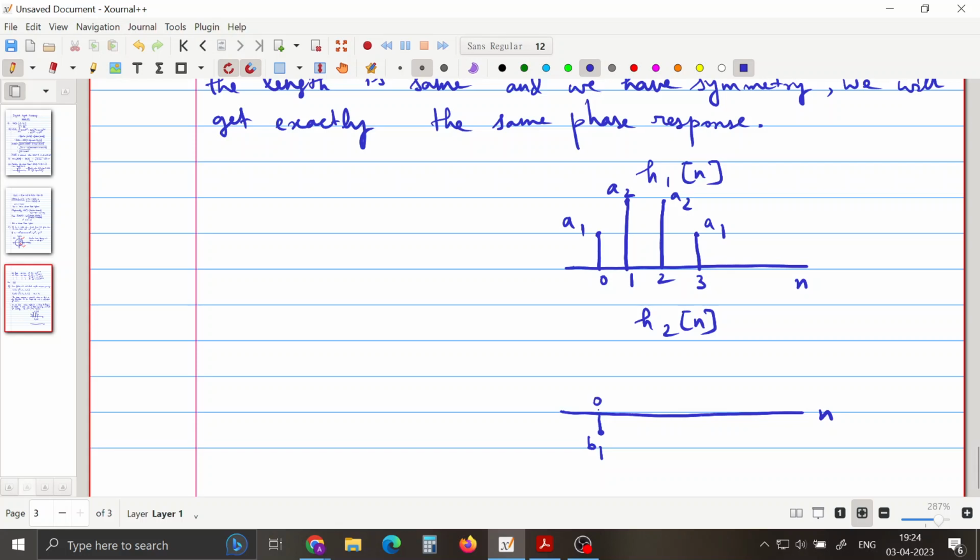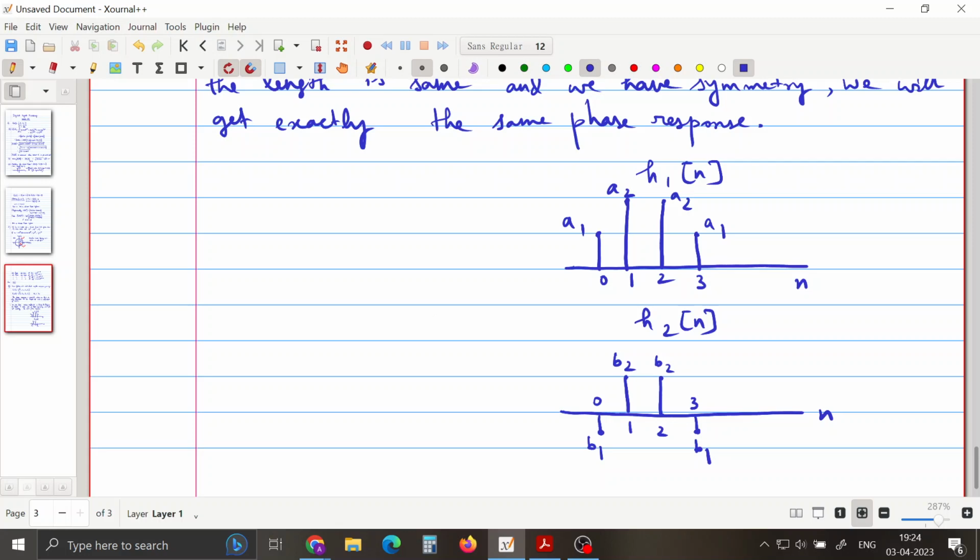So this is b1 at n equals 0. Again let me choose b2 to be something different. Okay, so let's say this is b2, and then we again have b2 at n equals 2, and finally we have b1 again at n equals 3.